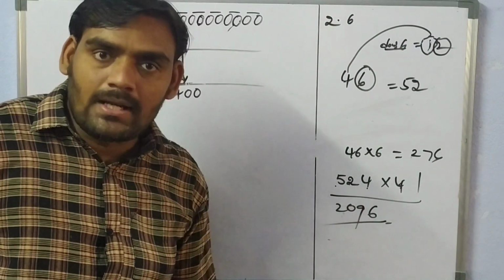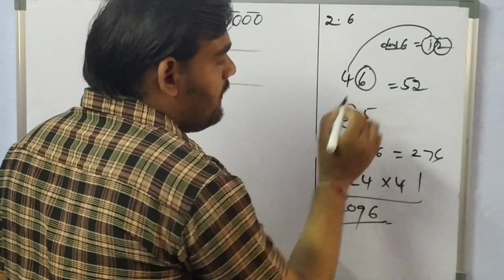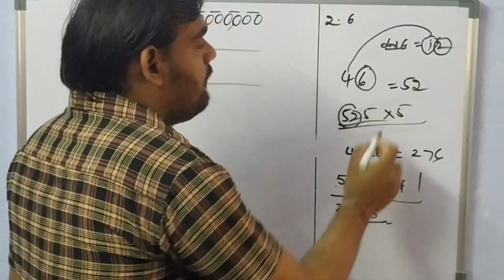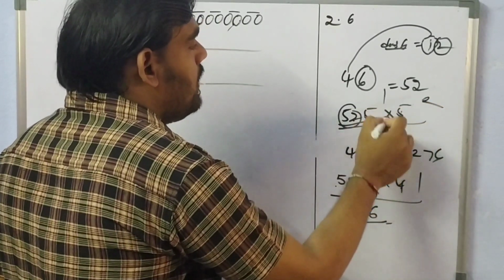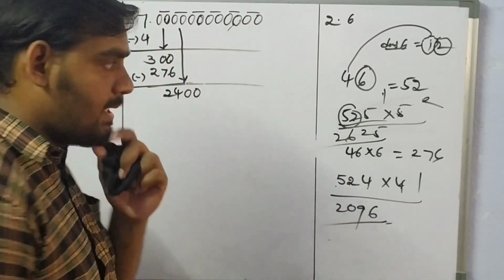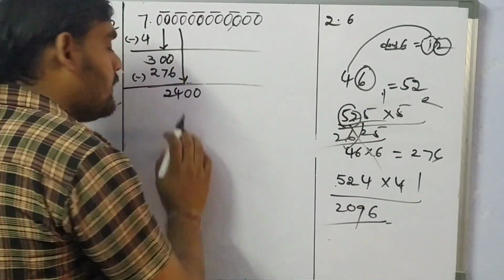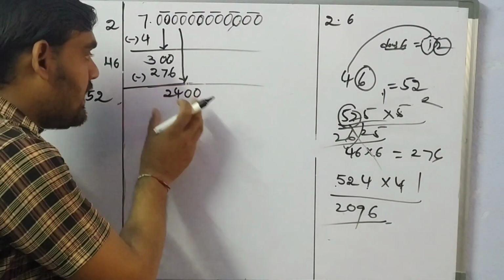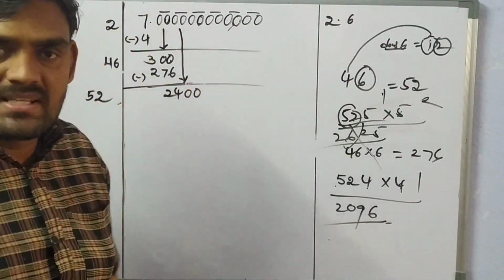Once again we will go for another number, and that is 525. 52 after take 5, it will become 525. 525 into 5. 5 5s are 25, 2, 5 2s are 10, 10 plus 2, 12, 1, 5 5s are 25, 26. 2625 we are getting. But this is more than this value. So we have to take the number, it should be less than 2400 only. So the nearest number for 2400 is 2096 we must take.